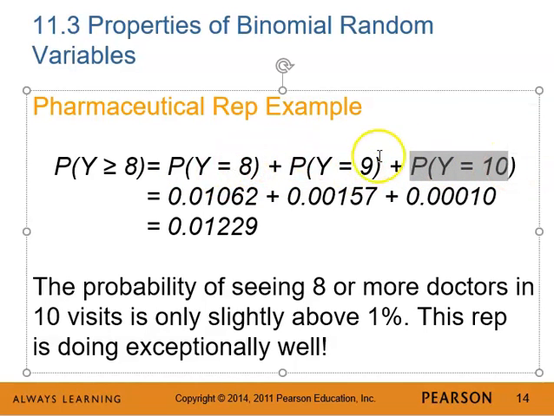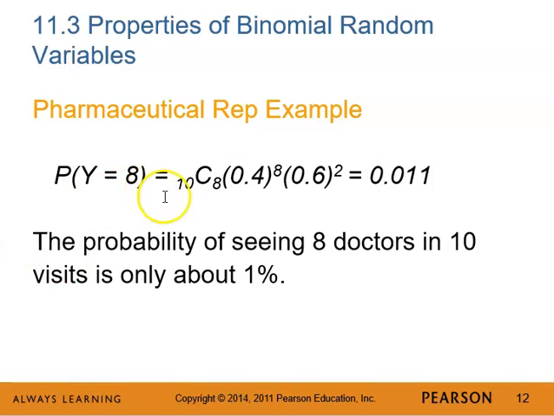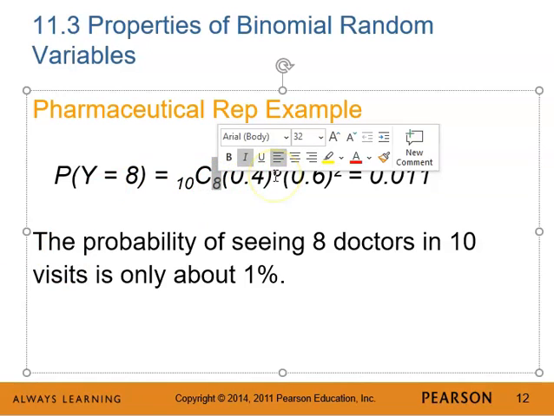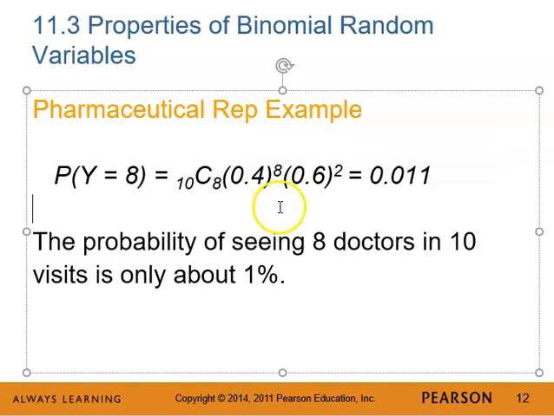For each of these values, all you have to do is to go back to that formula and replace 8 with the 9, or 8 with the 10, and of course 2 will be accordingly changed, and the other values like 0.4, 0.6, these are probabilities, they are fixed. 10 is fixed. 8 will change. 1 time for 9, 1 time for 10, 2 for 9 is 1, and for 10 it's going to be 0.